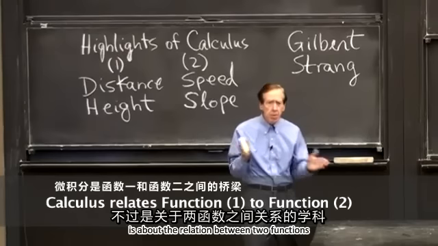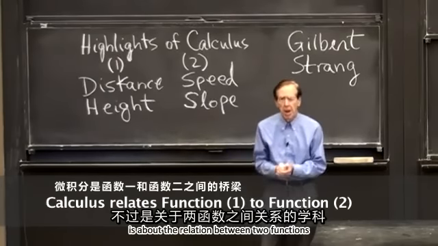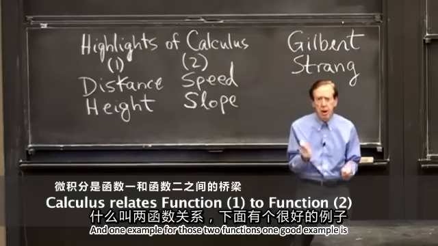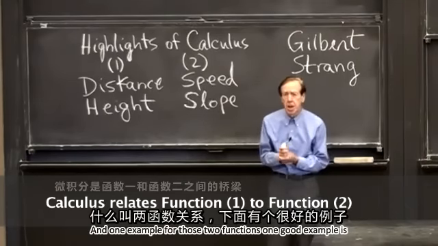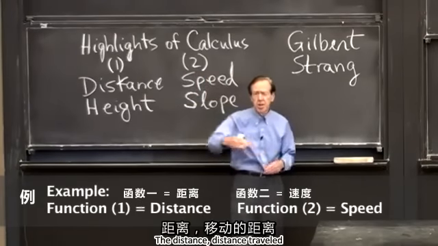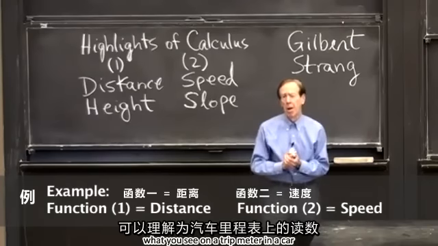For me, calculus is about the relation between two functions. And one good example for those two functions is function 1, the distance traveled, what you see on a trip meter in a car.